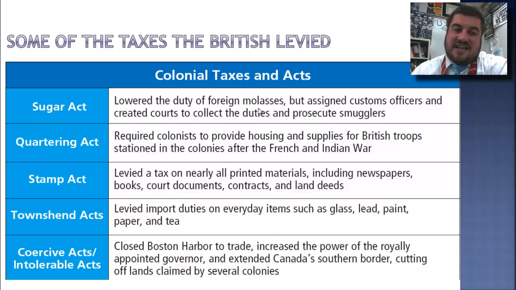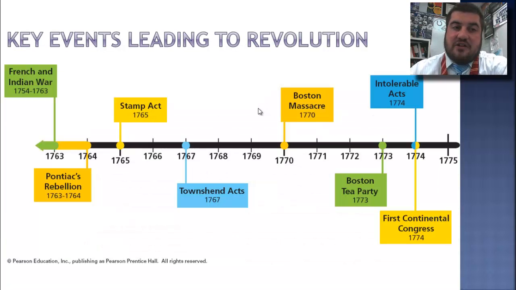So things that the colonists can't make themselves and they have to import, they tax. Eventually that's repealed. And the Coercive Acts, or the colonists called them the Intolerable Acts, is the punishment for the Boston Tea Party. And it closed Boston Harbor to trade, increases the power of the governor, and cuts off land claimed by several colonies. And the colonists say enough is enough after these Intolerable Acts.